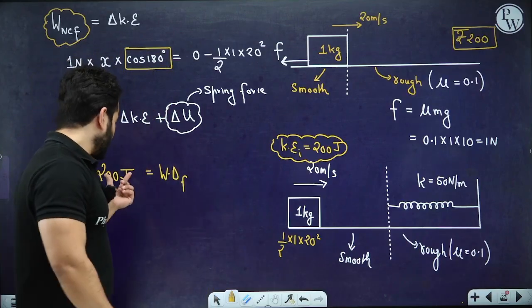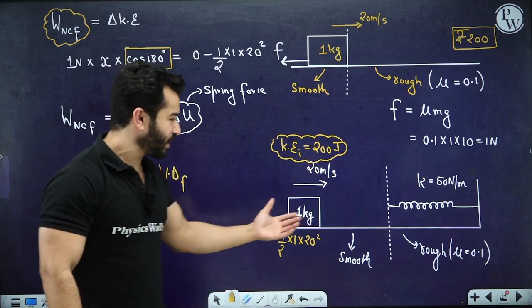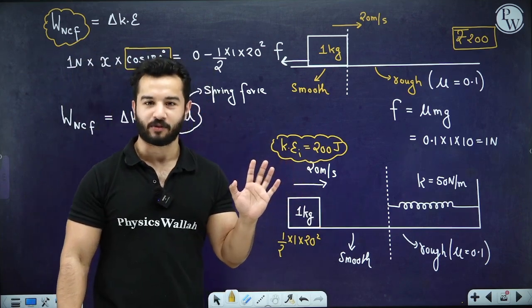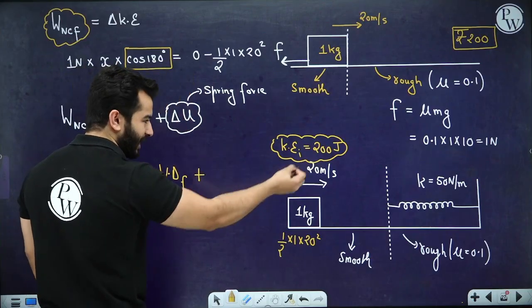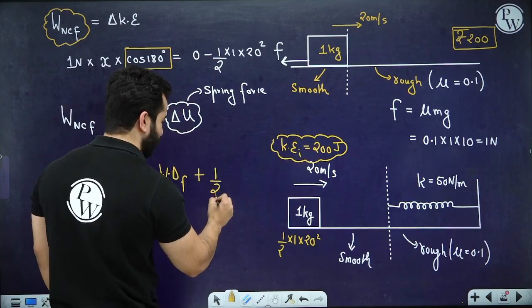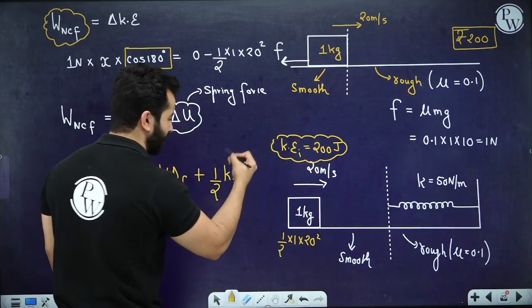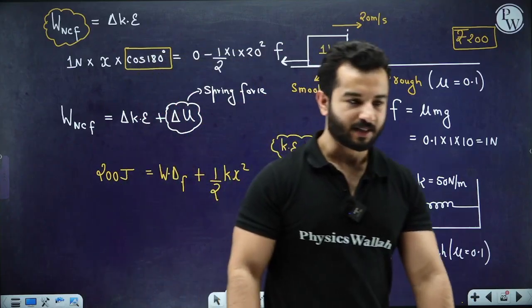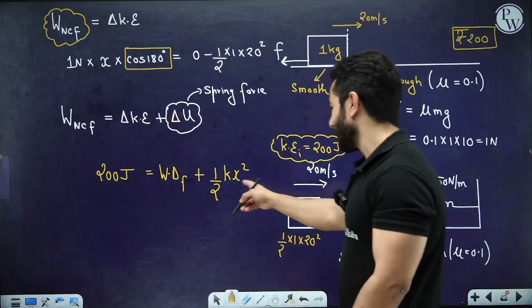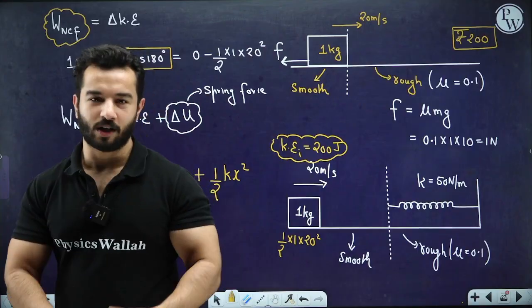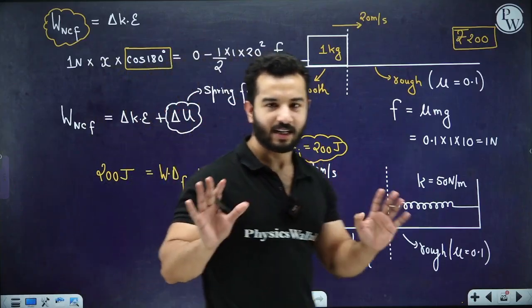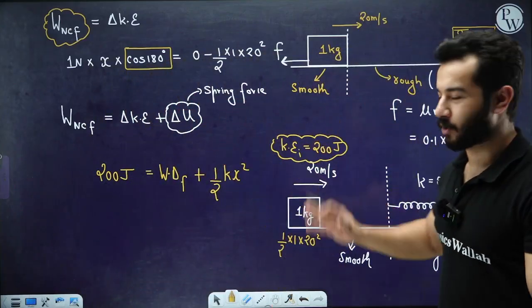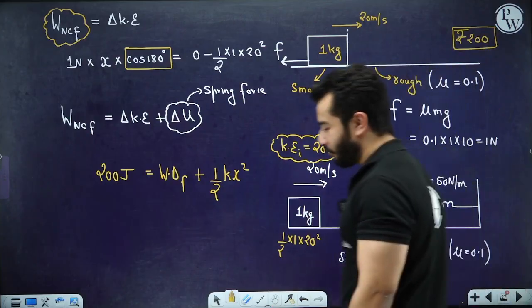You just write 200 joules equals the work done by friction, which you can quickly find out, plus your savings. Your saving is just half k x square. That's it, my dear friends. And this x is also the same x in the work done by friction. That is what my trick is, and we are going to solve some problems on this trick. Hopefully you have got it.